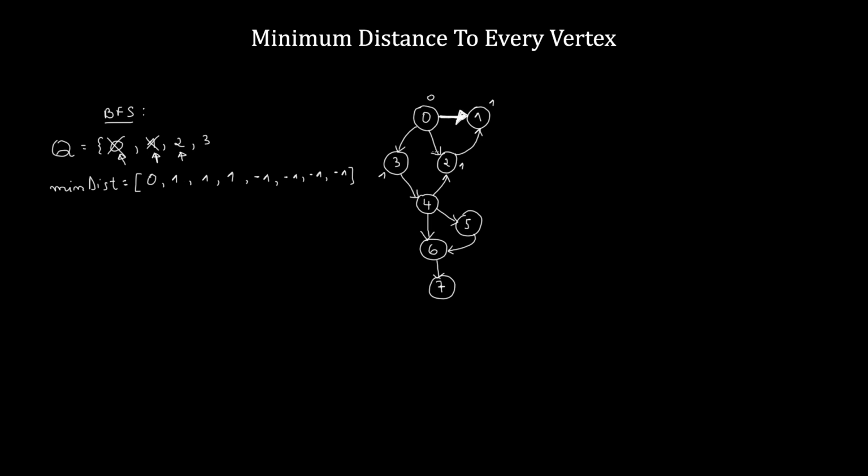And now, at this step, when I'm coming from node 2, what I've basically found is this path, 0, 2, and then 2, 1, which has a length of 2, which is worse than the first path that we have found to node 1.